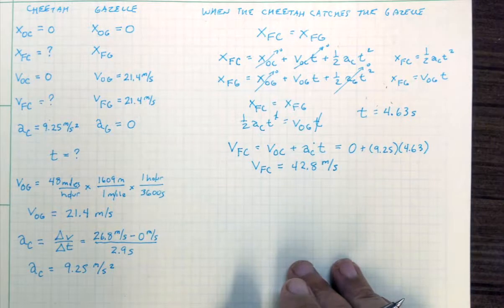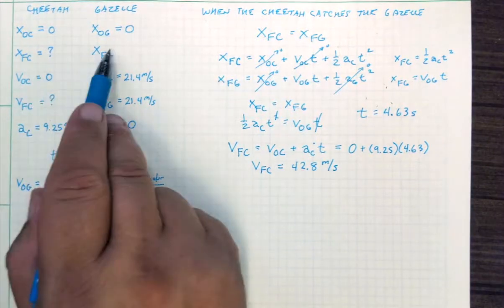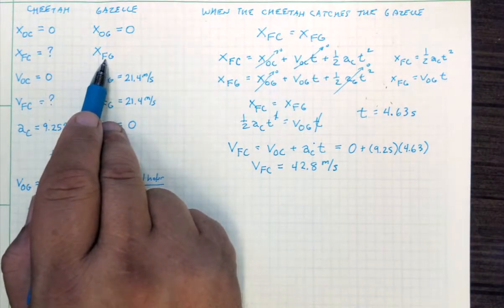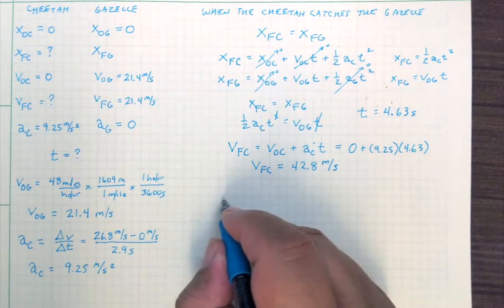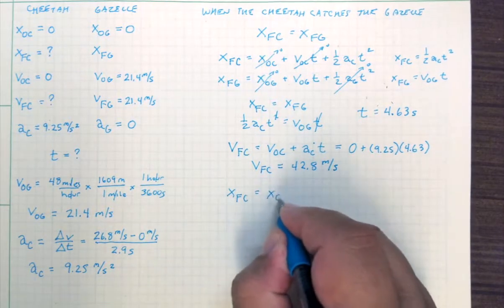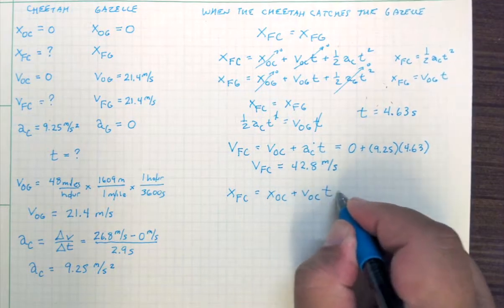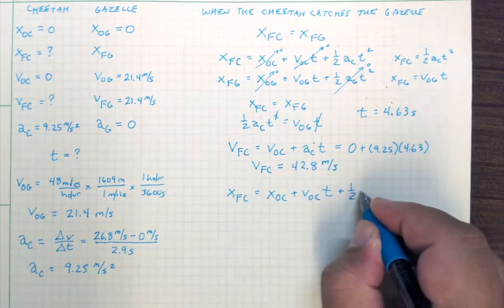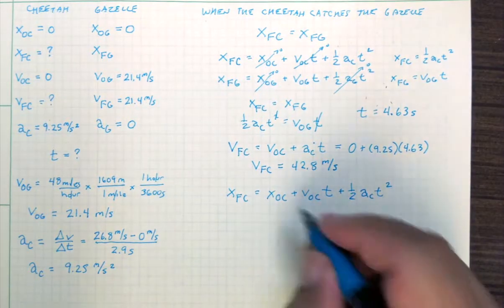Finally, we are asked, how long does the chase take? That is finding either the final position of the cheetah or the final position of the gazelle, since both should be the same. Let's calculate it both ways. The final position of the cheetah is the initial position of the cheetah plus the cheetah's initial velocity times the time plus 1/2 times the acceleration of the cheetah times time squared.